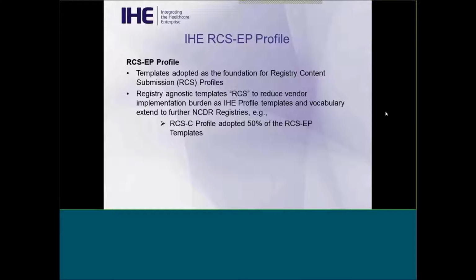So when we define templates for RCS-EP, we can then use them for CAP PCI. In fact, we've been able to use approximately 50% of the templates defined in RCS-EP, and we'll be scoping the value sets, since many of the data elements are shared between RCS-EP and the RCS profile.